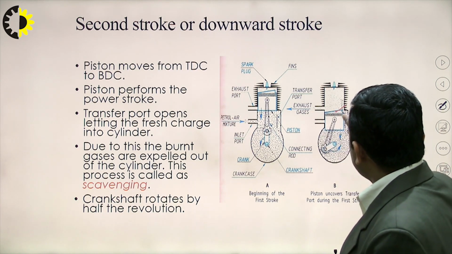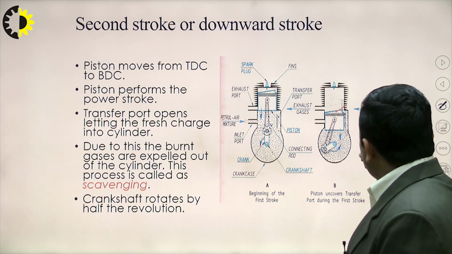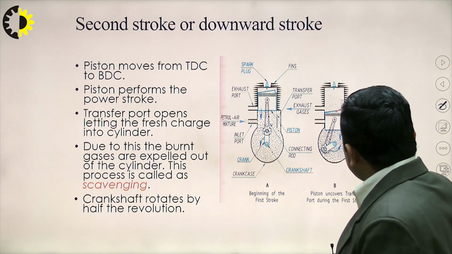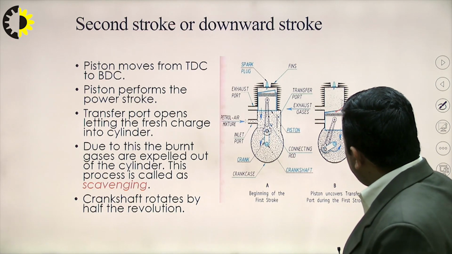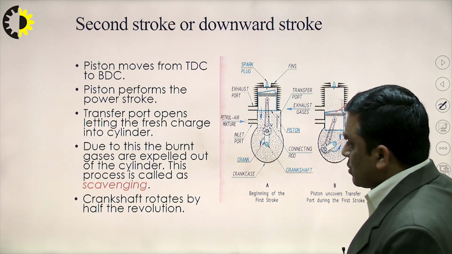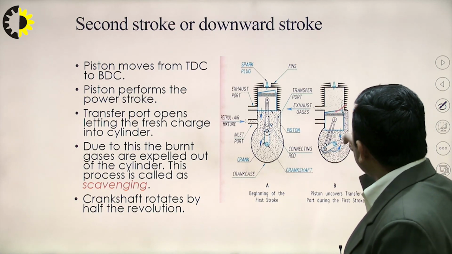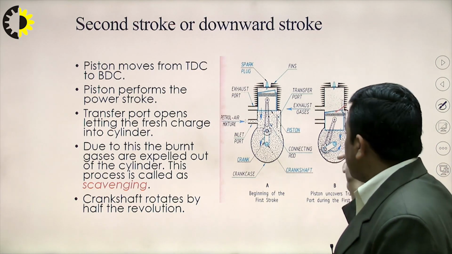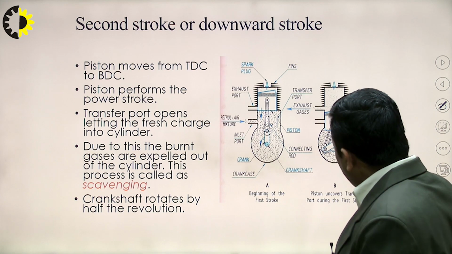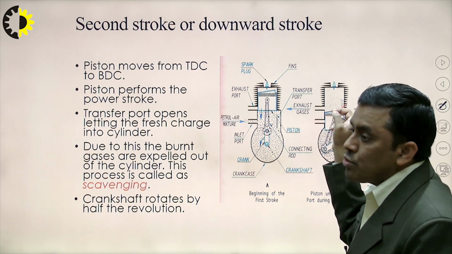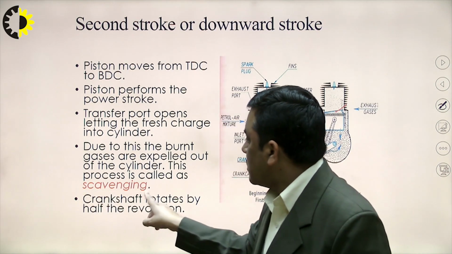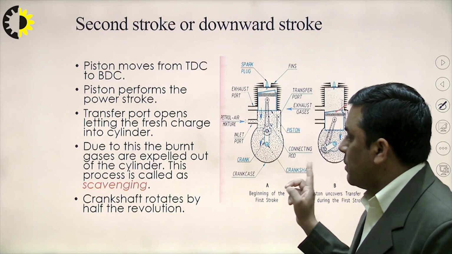What is it performing? The fresh air fuel mixture coming from the transfer port strikes the deflector and has a tendency to go towards the cylinder head. But still there are chances that some of the fuel will go out with the exhaust gases, and this is what is known as scavenging.